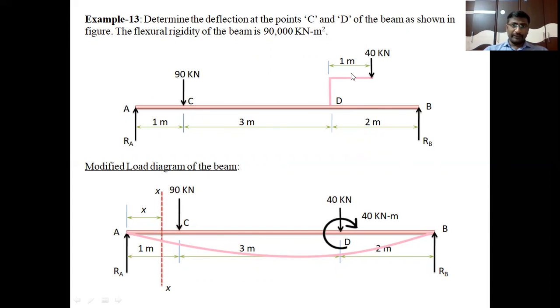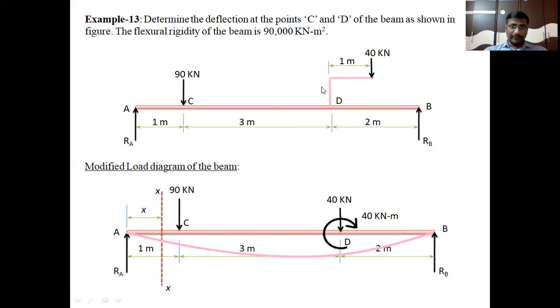When the 40 kilonewtons load is acting on an angle or L section which is located on the beam, due to this 40 kilonewtons, a direct load is acting at point D, and also the 40 kilonewtons which is acting at 1 meter from point D, due to this eccentricity, a couple is acting at point D. A moment will be developed at point D, that is 40 into 1. 40 is the load which is acting at a distance of 1 meter from point D. Therefore, the moment developed at point D is 40 into 1, force into perpendicular distance.